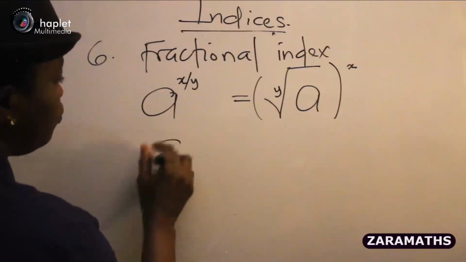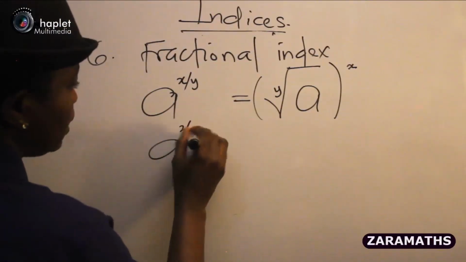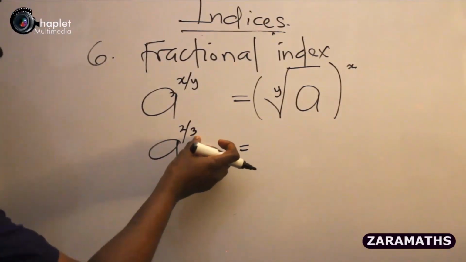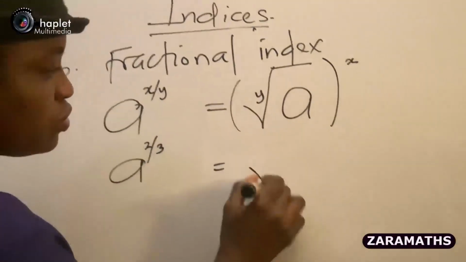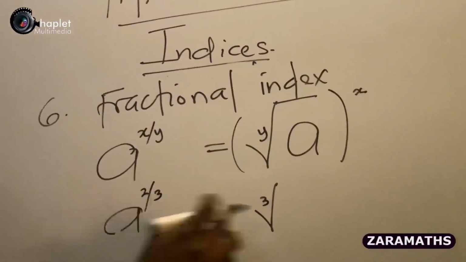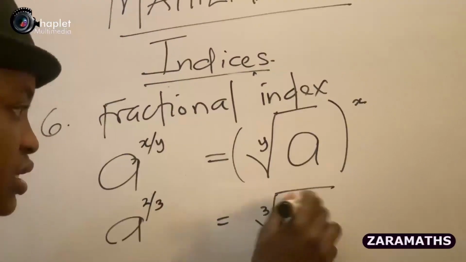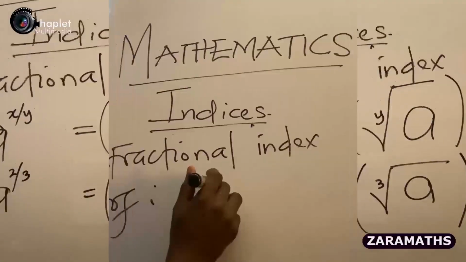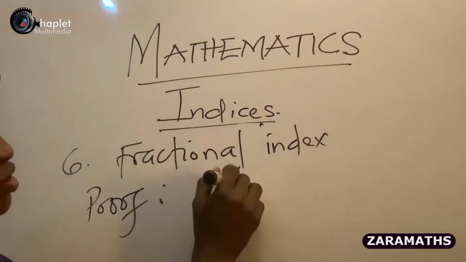If you have, for example, a raised to the power of 2 over 3, in this case, the denominator of the fraction becomes the root. That is, 3 becomes the root of the base, all raised to the power of the numerator. Now 9 raised to the power of half.